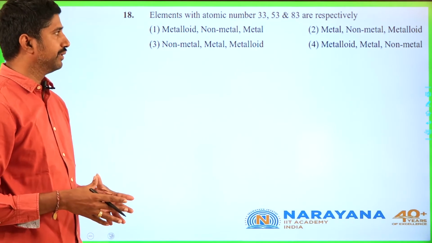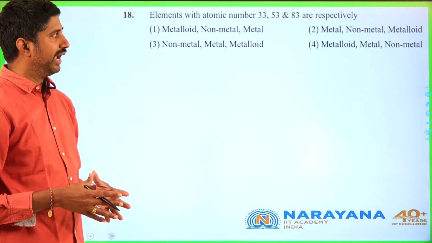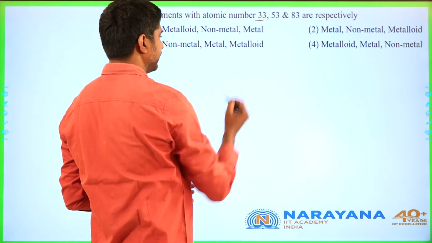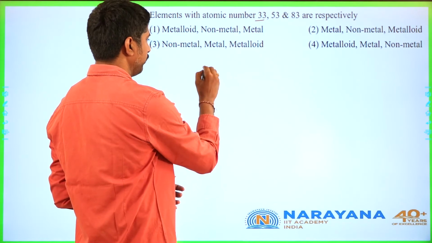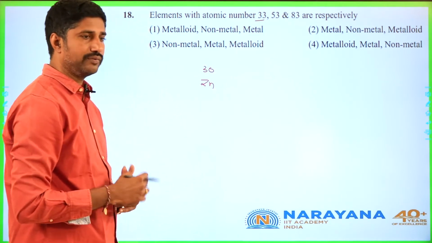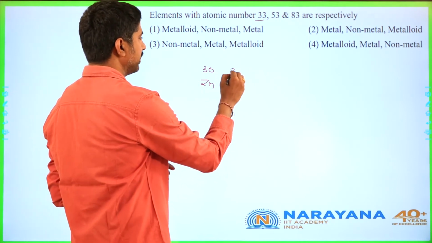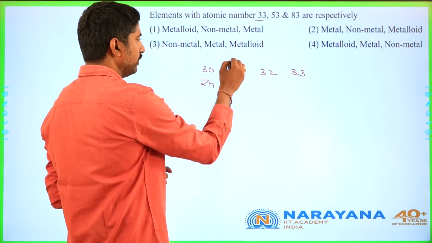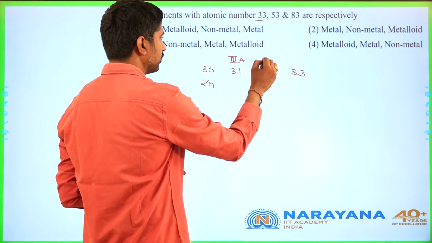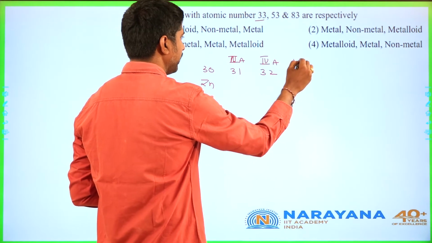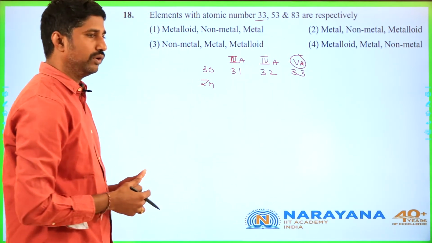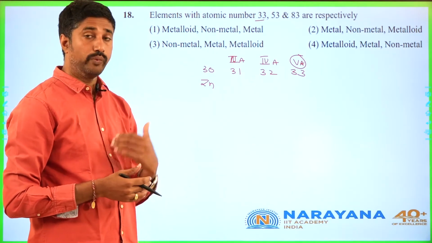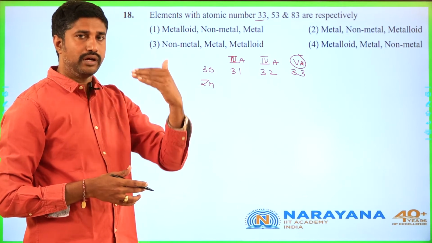Elements with atomic numbers 33, 53, 83 respectively are? For the first, 33, we know the atomic number of zinc is 30, and after that 31, 32, then 33. These belong to the 3A, 4A and 5A families. In the 5A family we have nitrogen, phosphorus, arsenic.